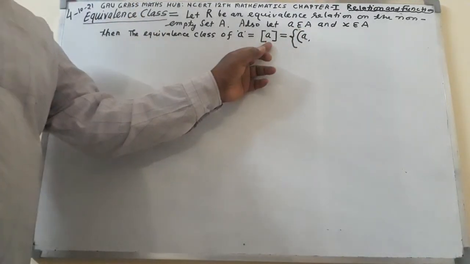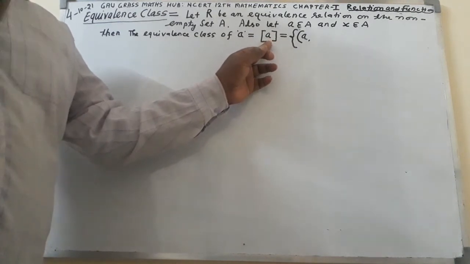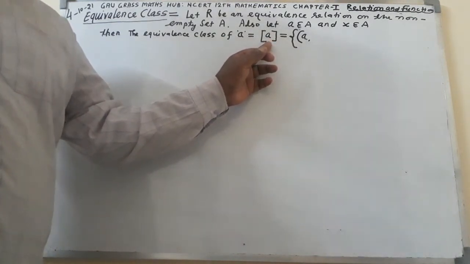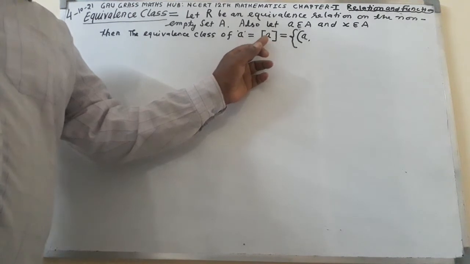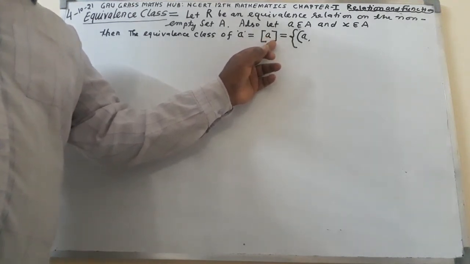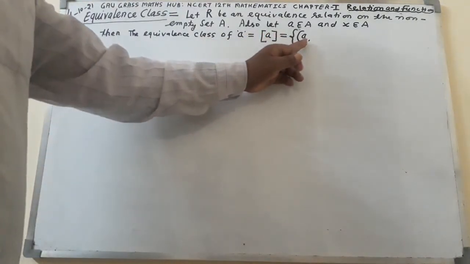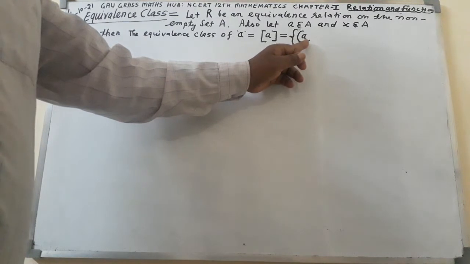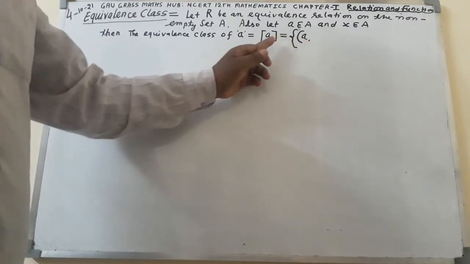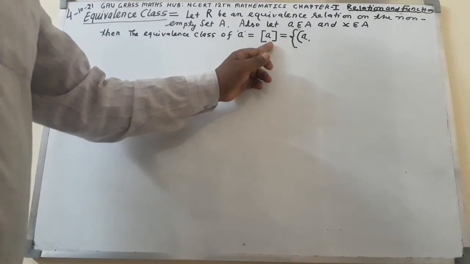Here I have found out the equivalence class of element a. Small a will be written inside the square brackets. The first element of the ordered pair will be the same as that of the equivalence class.